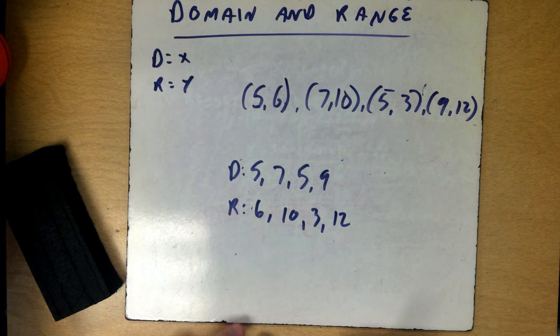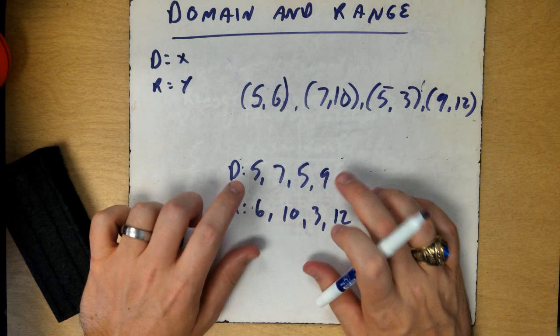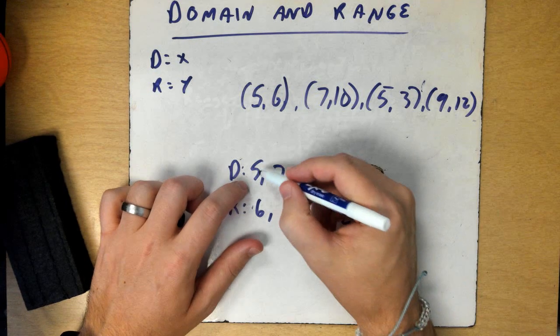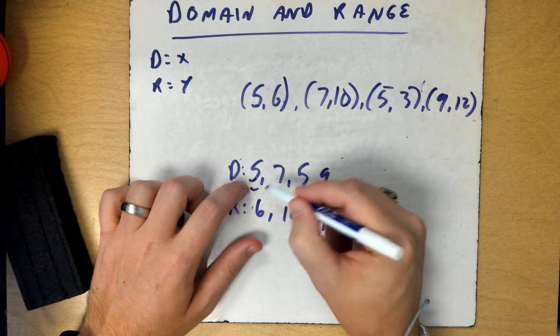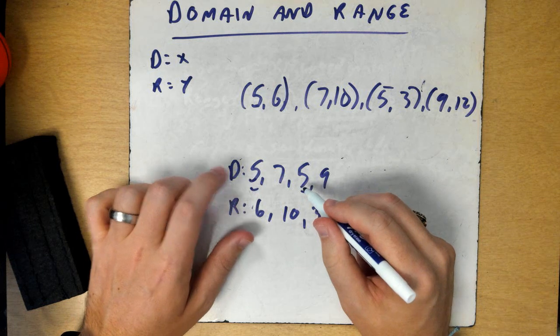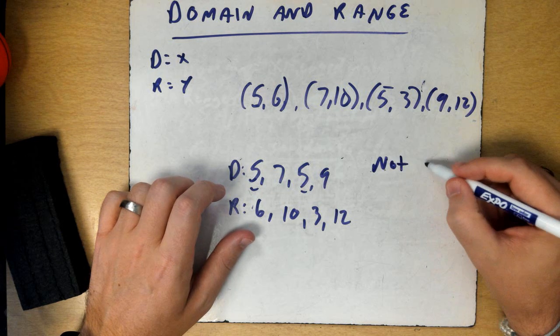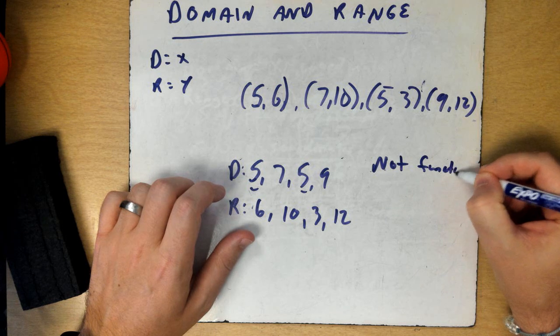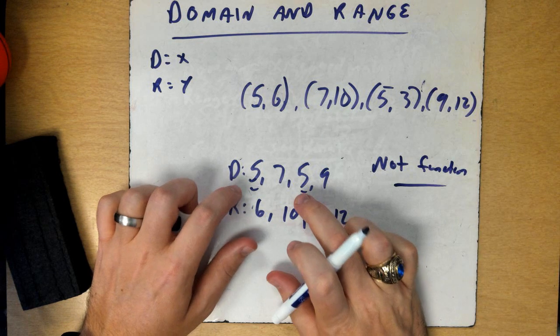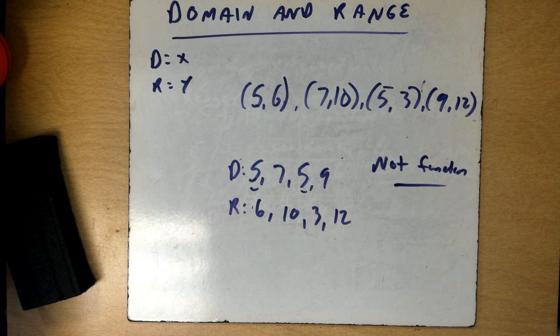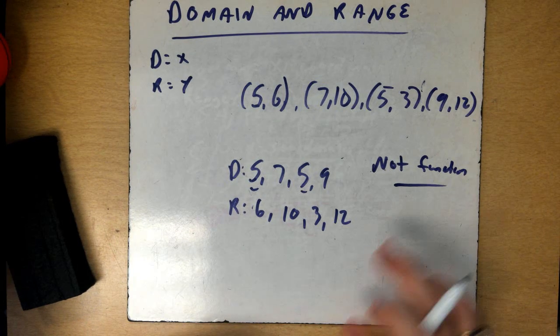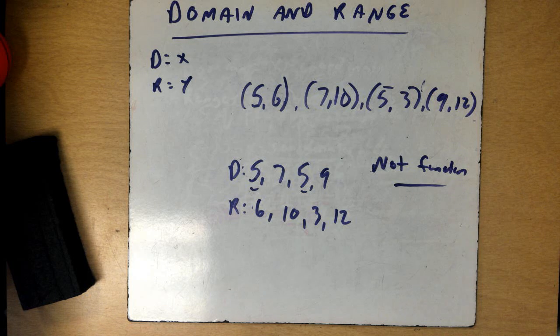In my domain, I have two 5s. Because I have two 5s, not a function, because my x's repeat.